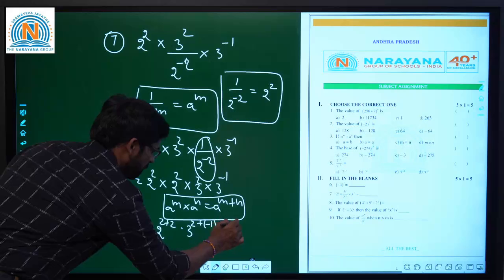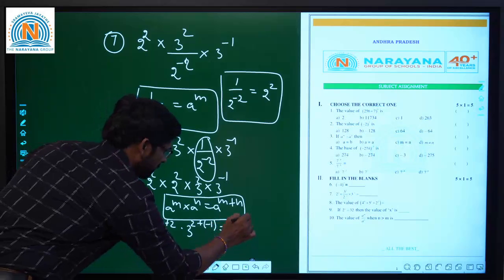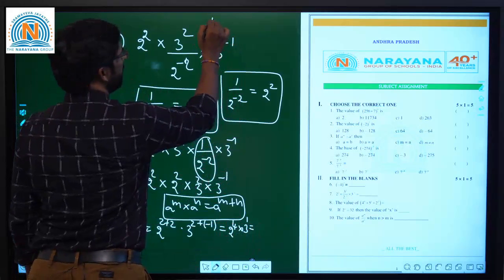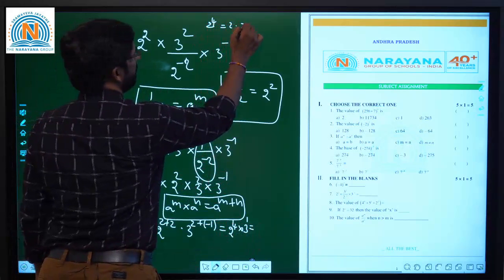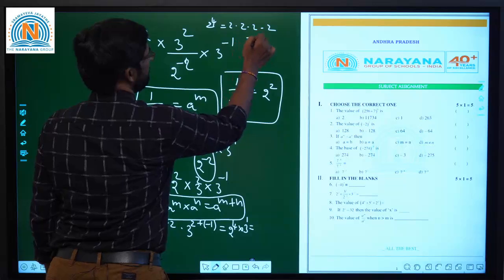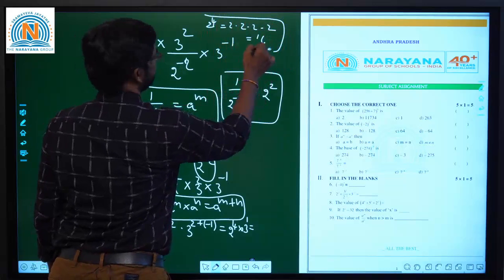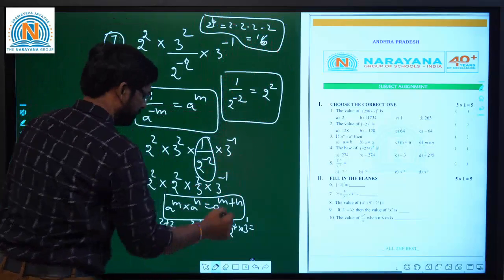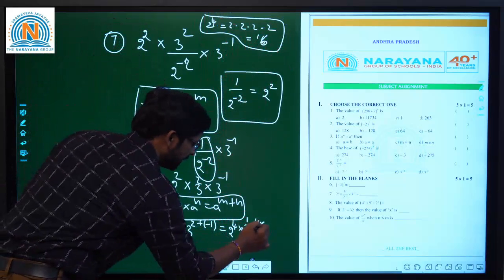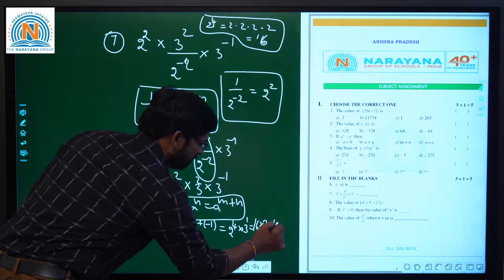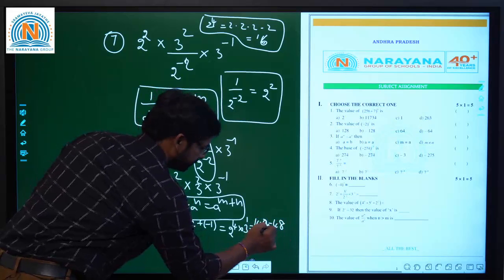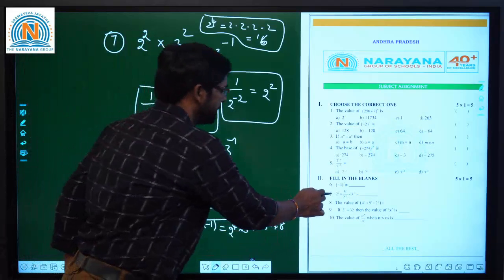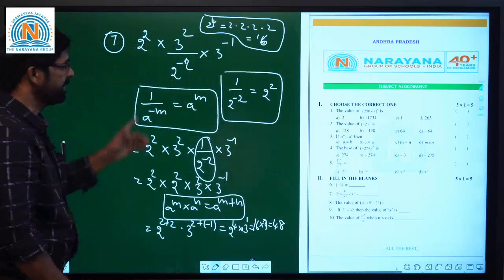That equal to 2 to the power of 4, 3 power 1. 2 to the power of 4 value, 2 written 4 times, its value is 16. So 16 into 3, that equal to 48. That is 7th answer. Is clear?